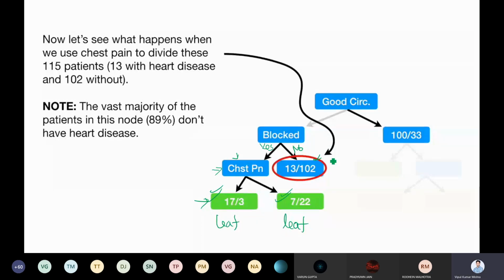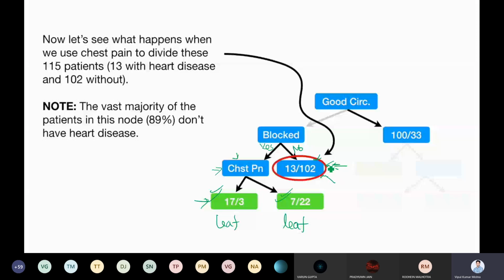Right? Now here we have another variety of analysis. Will it really be beneficial to break it down or not? Because if you compute the Gini score for this node, that is 13 divided by 102. How will you compute it?